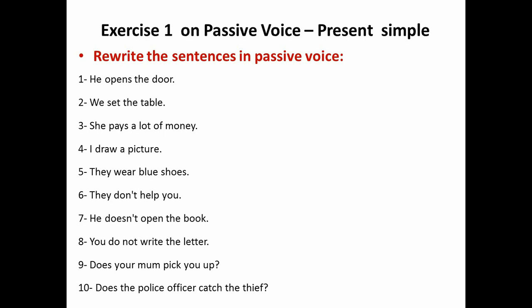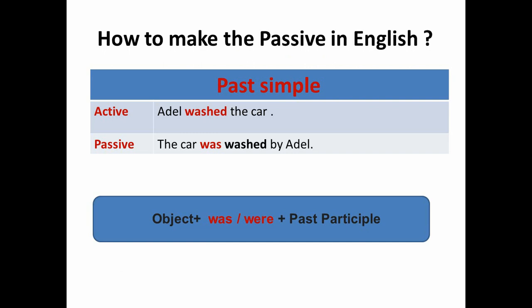Okay. Now, how to make the passive in English in the past simple. Like when I say Adil washed the car, we have to start with the object, the verb to be in the past, because the tense of the active sentence is in the past.